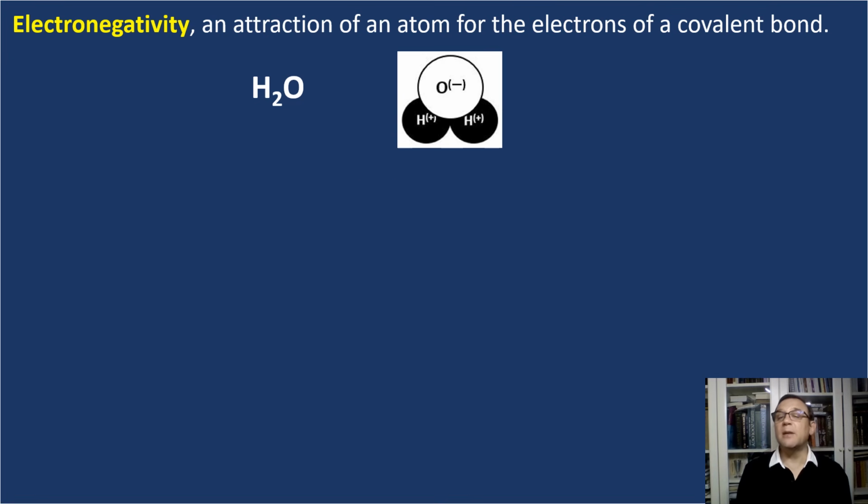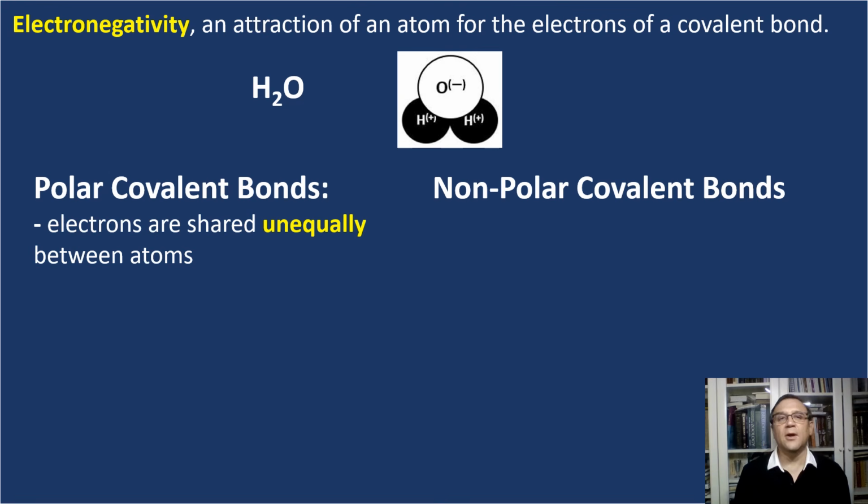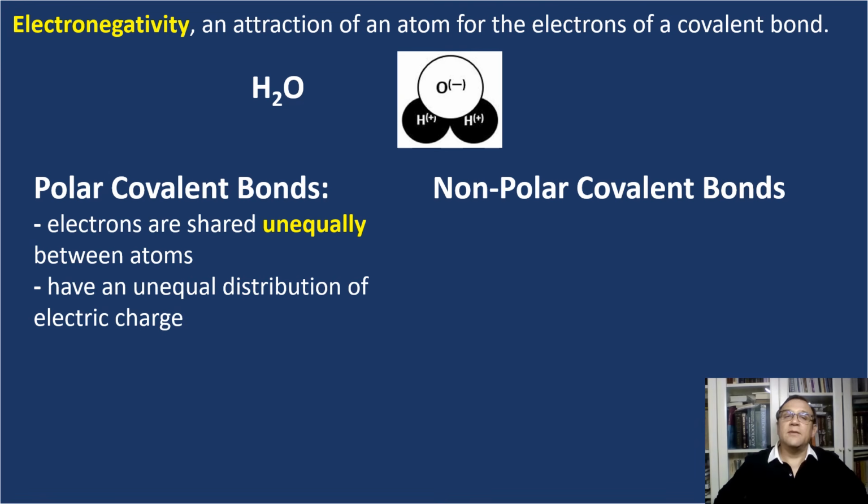Now let's cover some important information about covalent bonds. There are 2 types of covalent bonds: polar covalent bonds and non-polar covalent bonds. Polar covalent bonds occur when electrons are shared unequally between atoms. This uneven sharing of electrons causes an uneven distribution of electrical charge in the molecule.